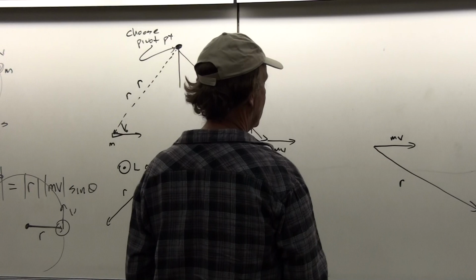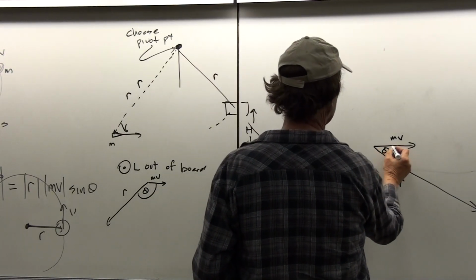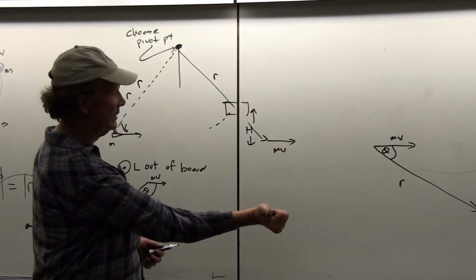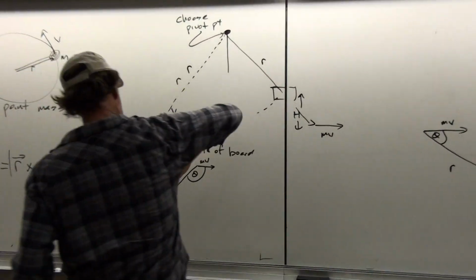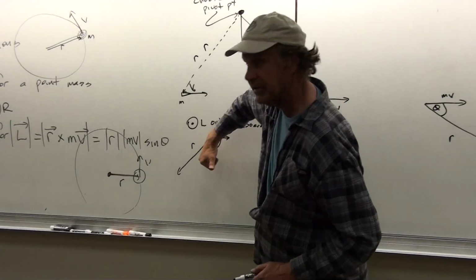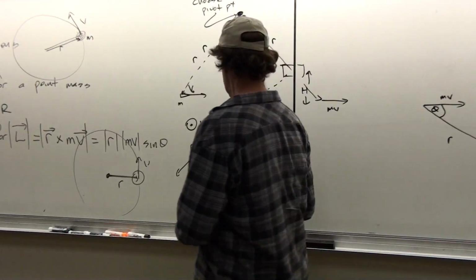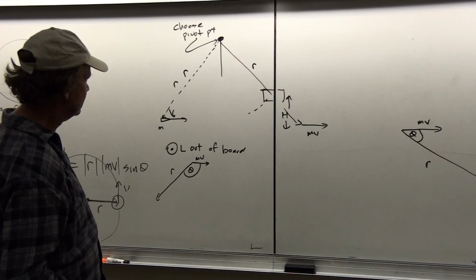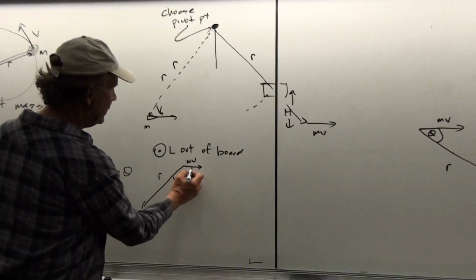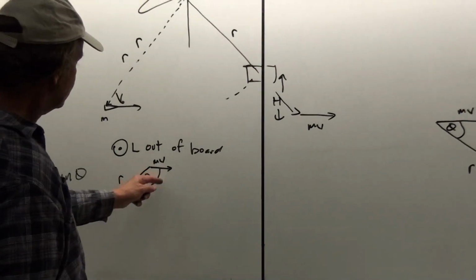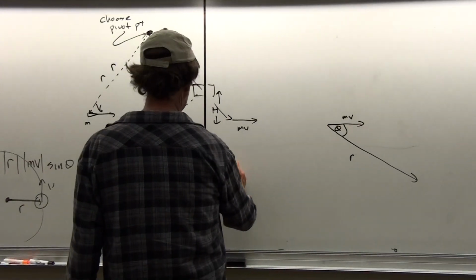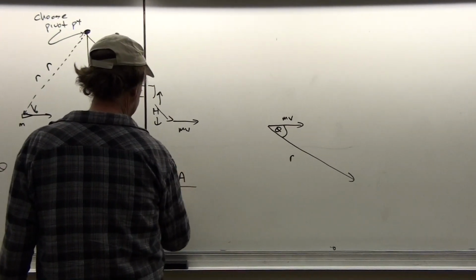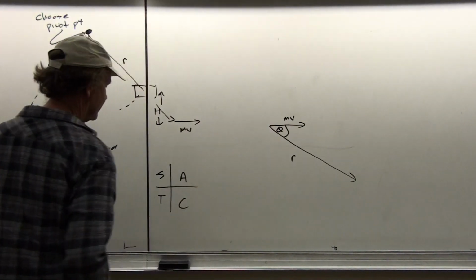So it would be r cross mv, and this would be the angle theta. So r cross mv comes out of the board. Here we've got r cross mv still coming out of the board. This times the sine of this angle. Okay, now the sine of a really big angle like that, that's more than 90 degrees, is still positive, because all students take calculus. Okay?